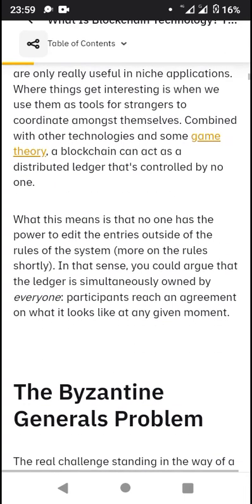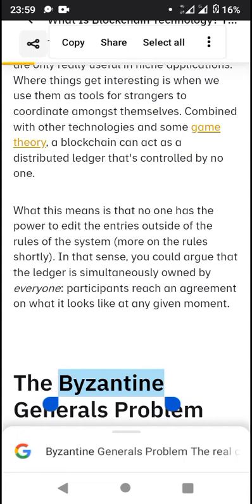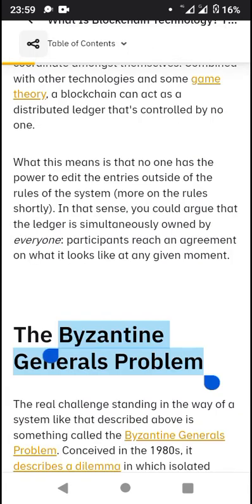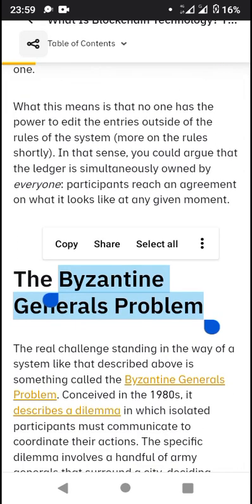What this means is that no one has the power to edit the entries outside of the rules of the system. In that sense, you could argue that the ledger is simultaneously owned by everyone, making it decentralized. Participants reach an agreement on what it looks like at a given point.